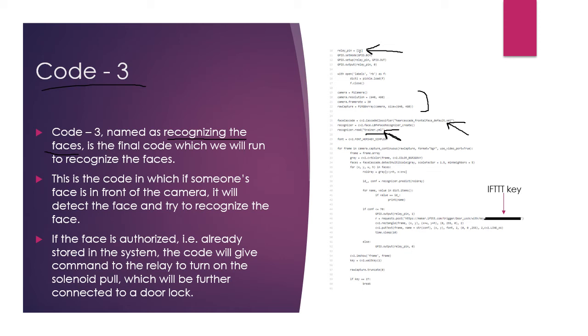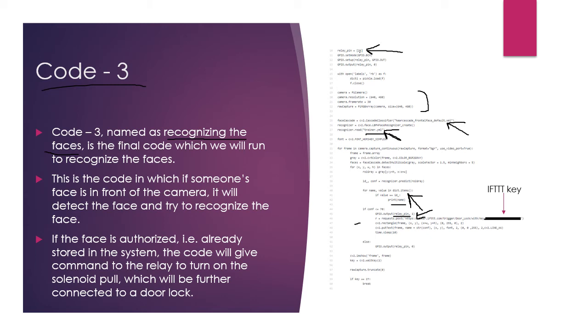And now the code will try to recognize the face. If the face is recognized, then it will print the name. After printing the name with the face, it will ask the relay module to further command the solenoid pull, which will unlock the door.